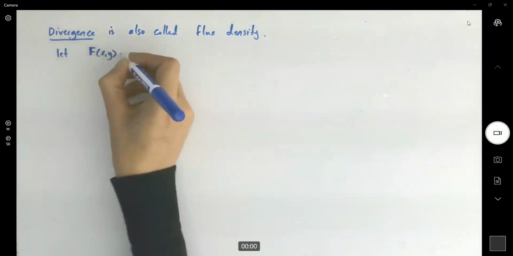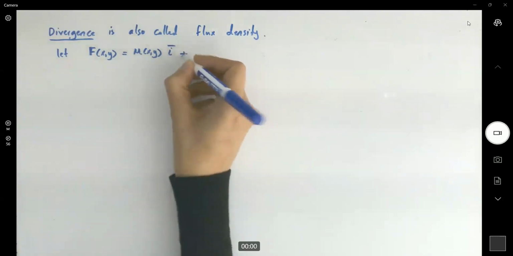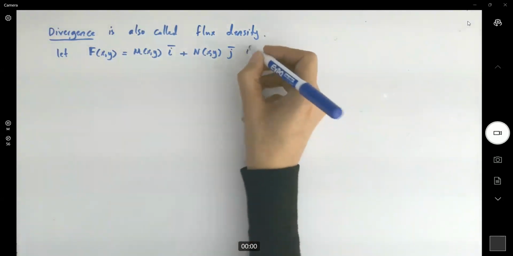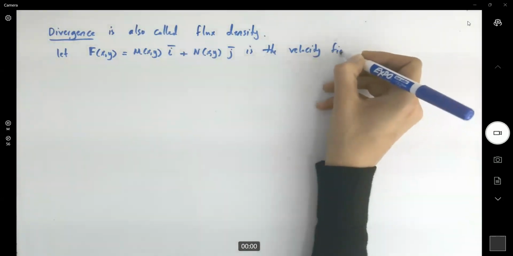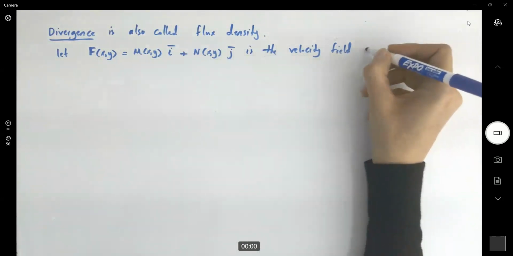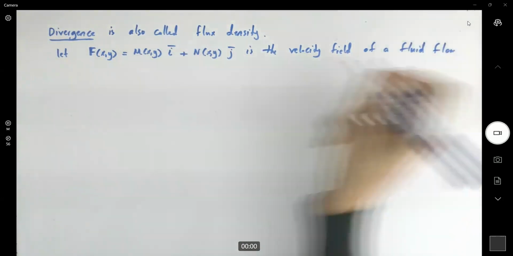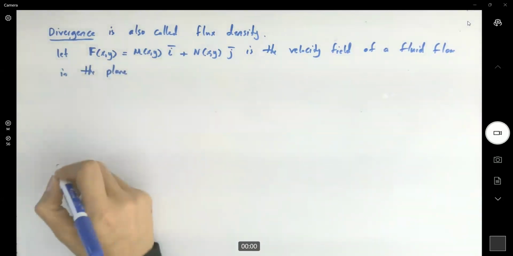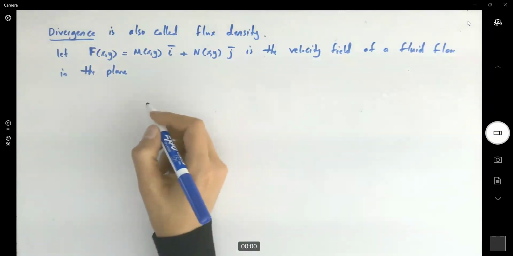F of x and y is equal to m of x and y in the direction of the x-axis plus n of x and y in the direction of the y-axis, is the velocity field of a fluid flow in the plane, and the first partial derivatives of m and n are both continuous.